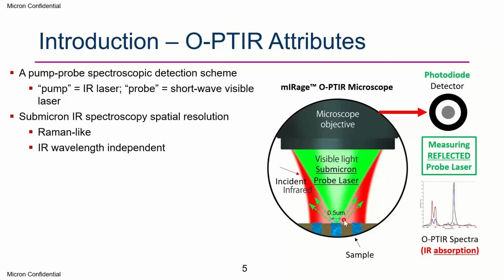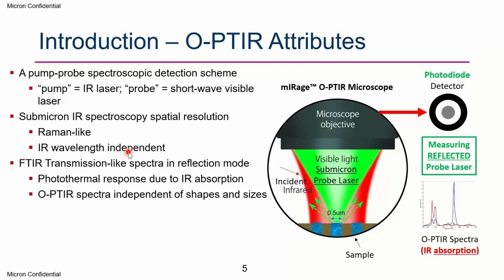With point analysis, it tends to be IR wavelength independent, meaning that no matter which point you analyze, the spectrum will not change. Whereas for FTIR, because the area is 20 micron or above, any movement of the analysis area may change the spectroscopy because the area turns into another area.